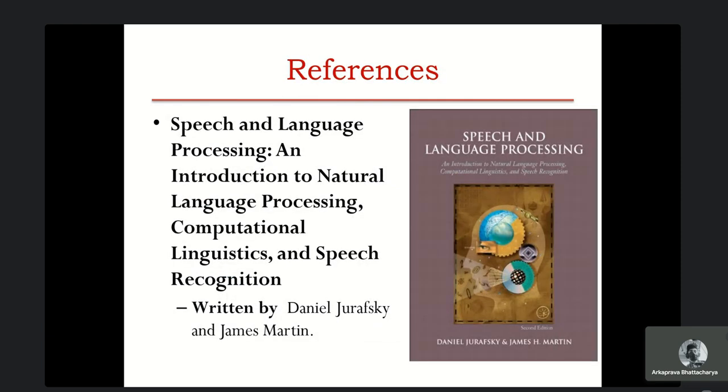These are some of the reference books if you are into natural language processing and want to start your journey. One of the best books is Speech and Language Processing, an Introduction to Natural Language Processing, Computational Linguistics and Speech Recognition, by Daniel Jurafsky and James Martin.